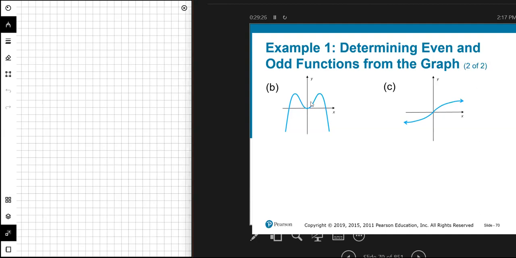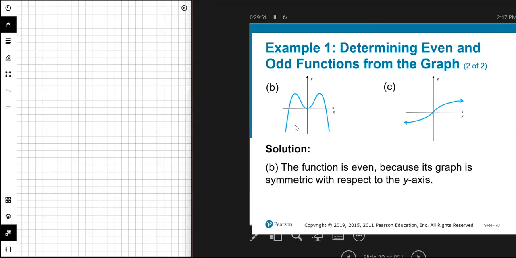These are mirrored pairs, and they're the same distance from the y-axis. These high points here are the same distance from the y-axis. So any pair of corresponding points you take, we have a function that is symmetric with respect to the y-axis, and so it's an even function.